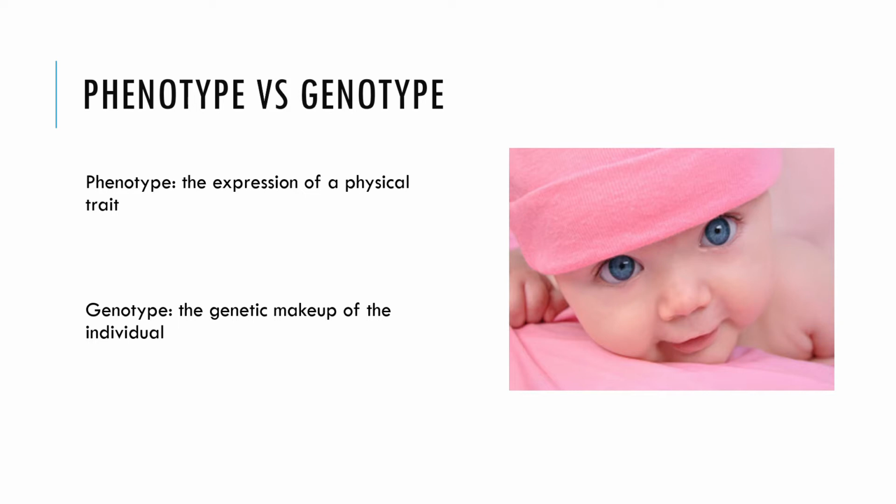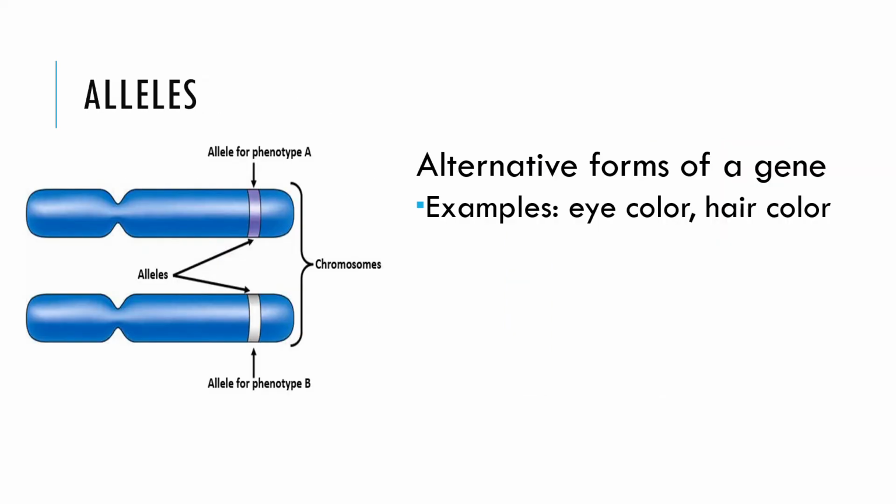Well, think of phenotype as what you can see, what's being expressed, what's obvious: brown hair, blue eyes. So in this infant, the blue eyes are the phenotype. The genotype is the actual genetic sequencing, which we can't see with our physical eyes, that causes the blue eyes to be expressed. So underlying every phenotype, there's a genotype. Okay, that's important to remember.